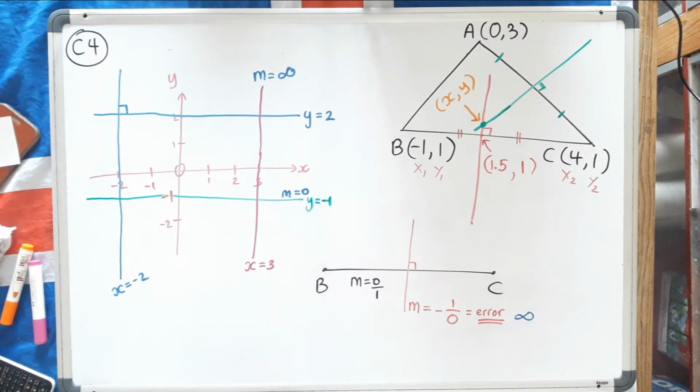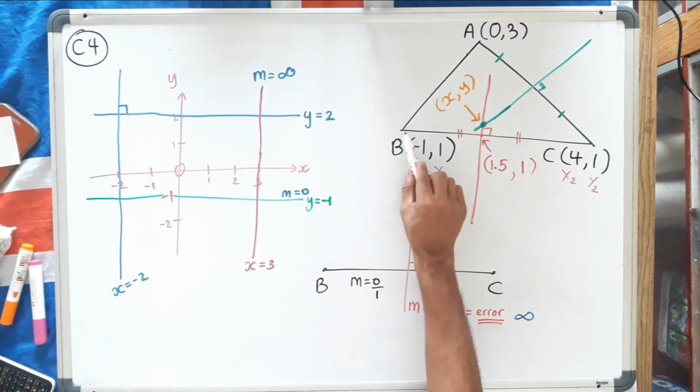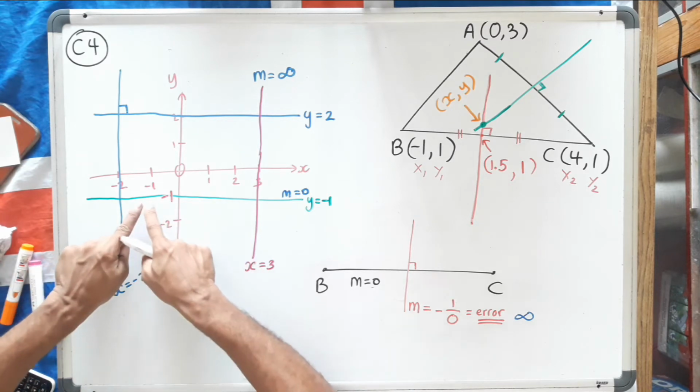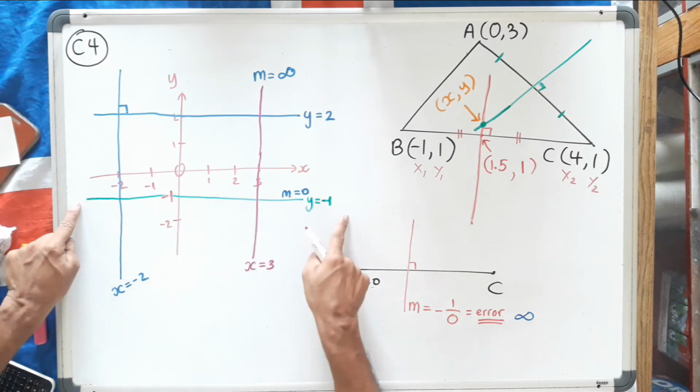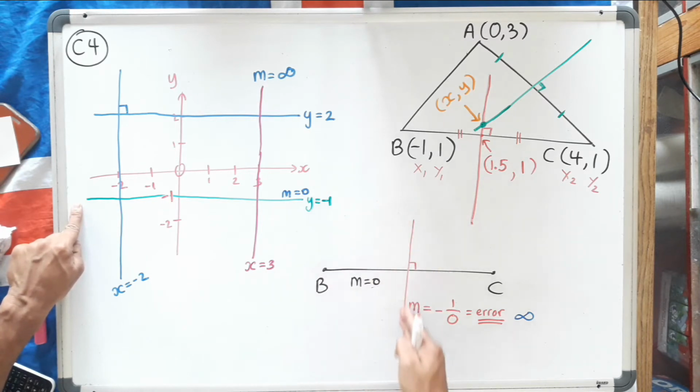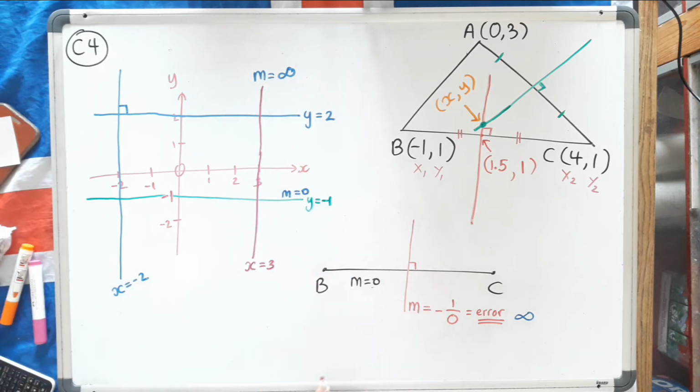Great. So here's what we have. When we found the gradient of BC, the gradient was 0. That suggests that BC is a perfectly horizontal line, which means the red line is actually a perfectly vertical line, making a 90 degrees.